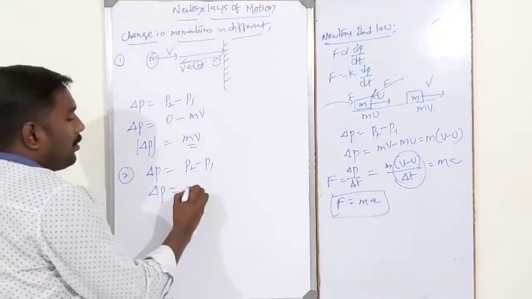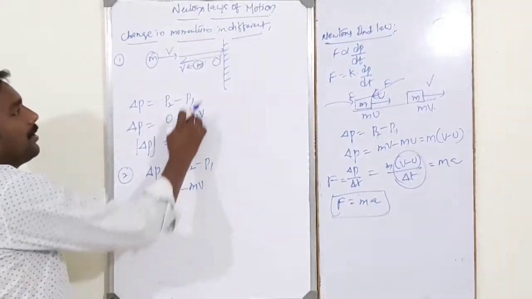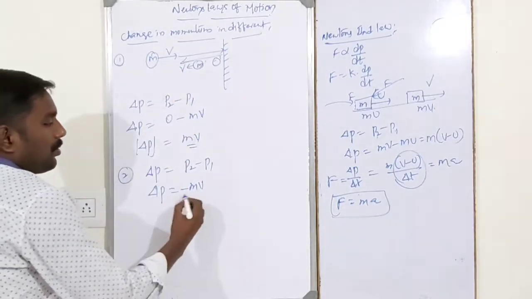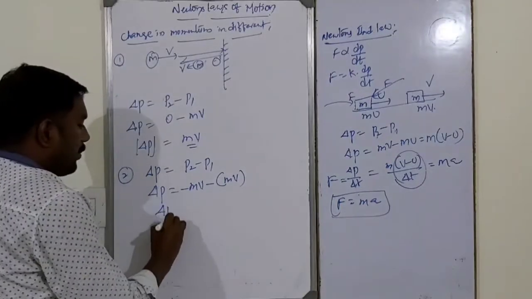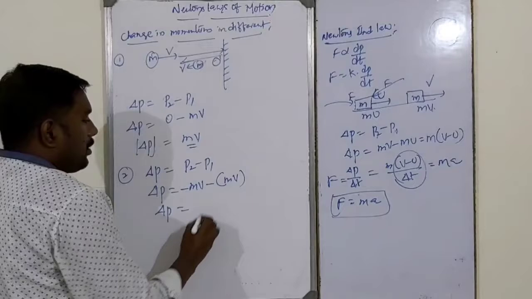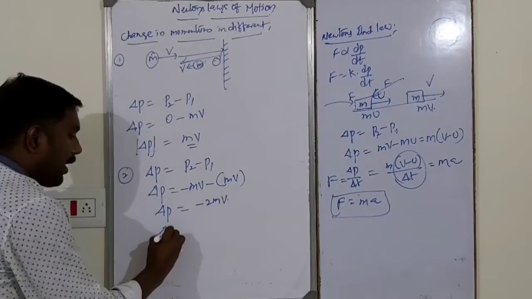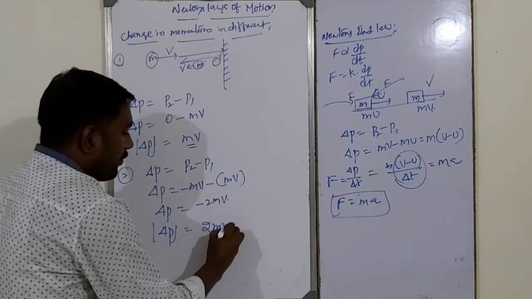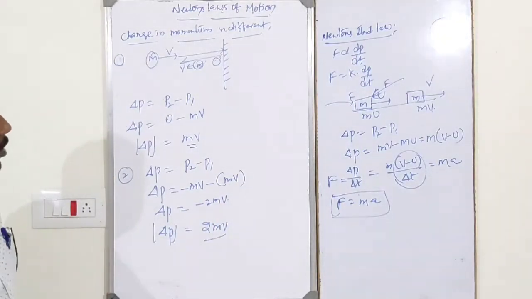So delta P is equal to mv minus of mv, because the final direction of velocity is opposite to the initial one. Delta P is equal to minus 2mv. The magnitude of change in momentum is 2mv. So this is the important second case.